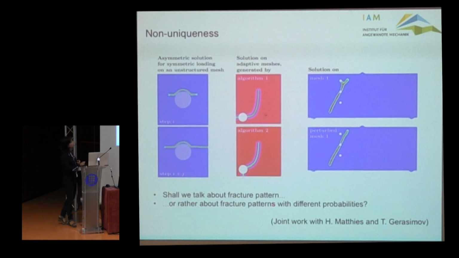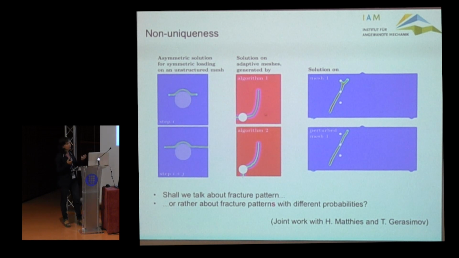And finally, non-uniqueness. Well, we were performing several tests. I told you already that you have several local minima because the functional is non-convex. So you see here what happens if you slightly perturb the mesh. It's enough to slightly perturb the mesh. Of course, you can slightly perturb material properties or anything else.